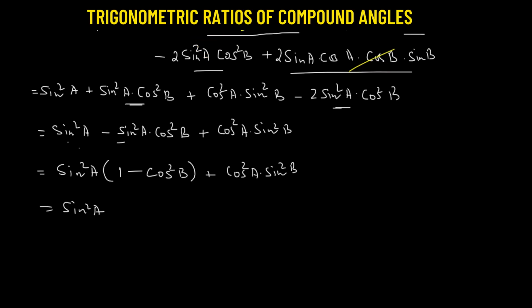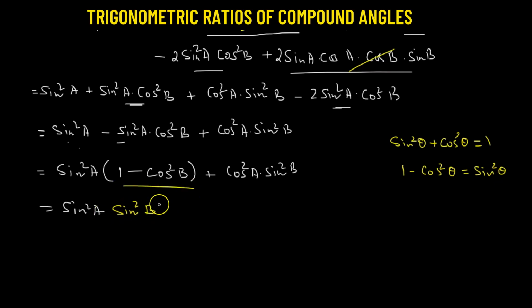That's because we know there's a standard identity, sine squared theta plus cosine squared theta equals 1. In case theta is b, that means 1 minus cosine squared theta is equivalent to sine squared theta. So we can replace 1 minus cosine squared b with sine squared b.